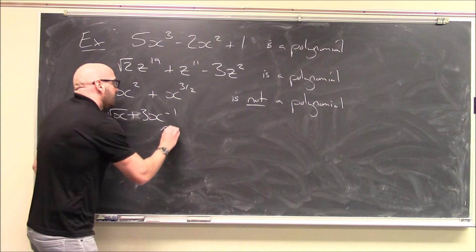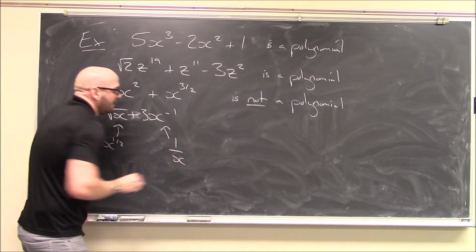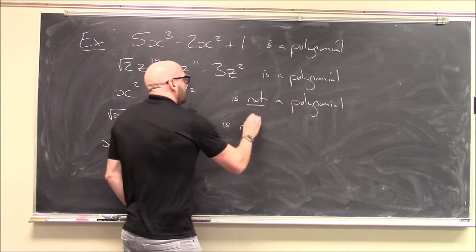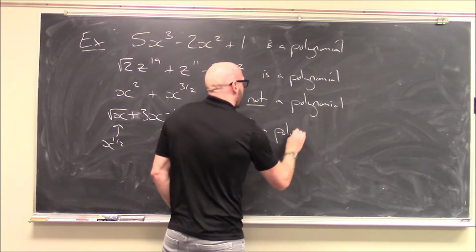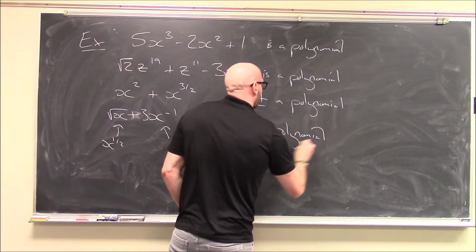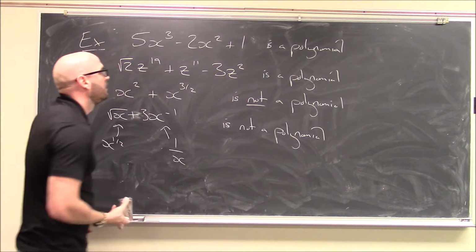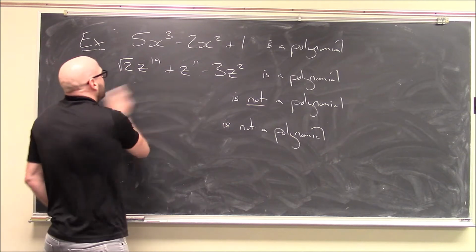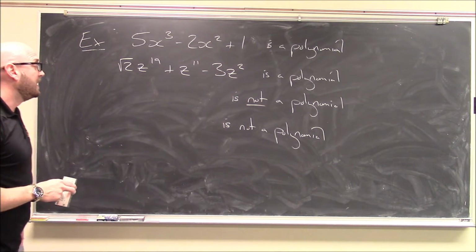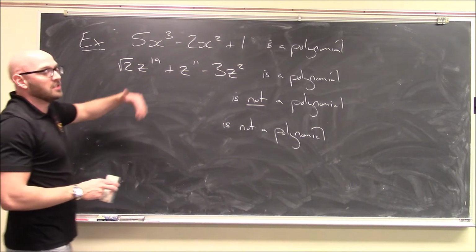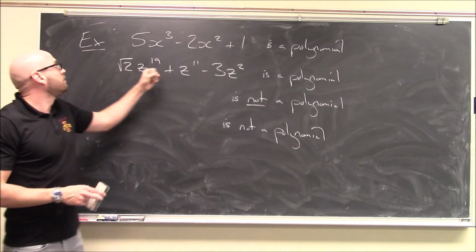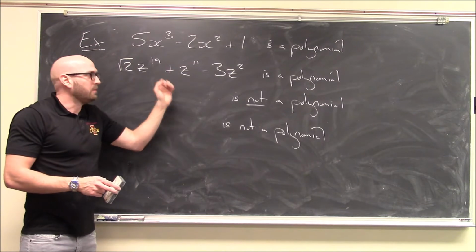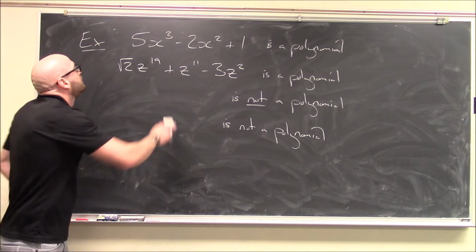And you might remember x to the -1, that really means 1 over x. But once again, this is not a polynomial. So keep this in mind of what a polynomial is. A polynomial is just a sum of terms. And the only real rule is that my powers are non-negative whole numbers, integers.